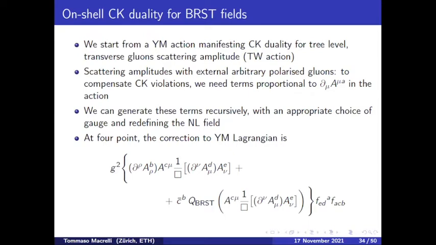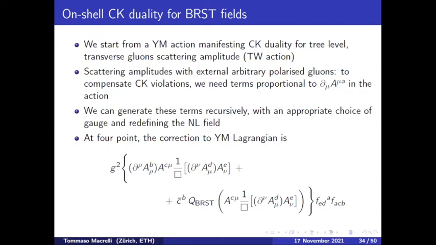We can have color-kinematic violations, and to compensate for them, we need terms proportional to partial mu A mu in the action. Now we can generate these terms, thanks to an appropriate choice of gauge fixing and redefining the Nakanishi-Lautrup field.